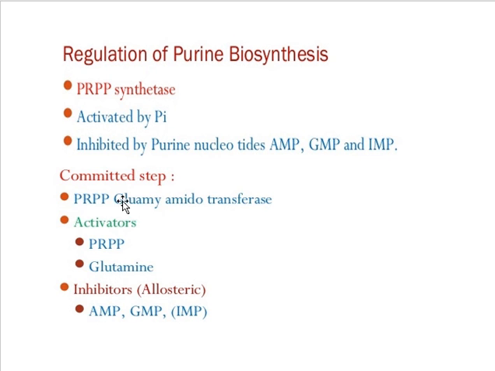Another committed step is the PRPP glutamyl amidotransferase. This enzyme is activated by PRPP and glutamine and is inhibited by AMP, GMP and IMP.